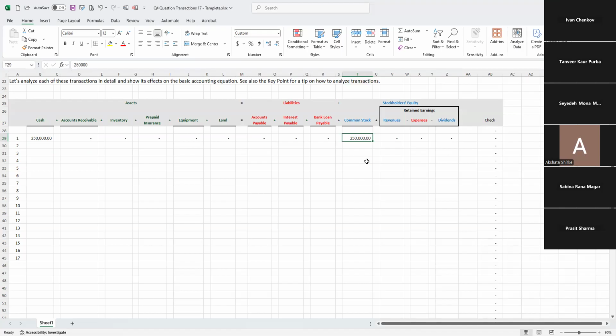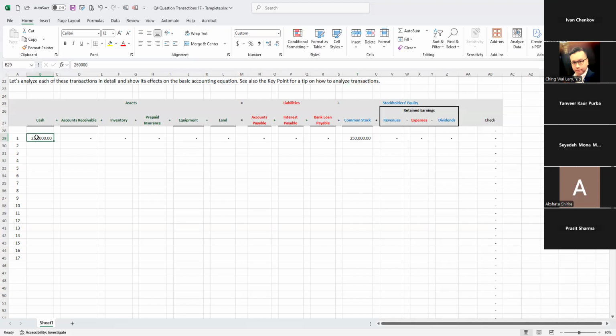What's going to happen now? You have to return the money to the shareholders. The shareholder is going to go get his money from the bank account, and that's it. And the company is going to have zero cash and zero common shares.